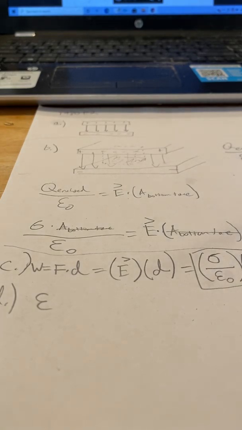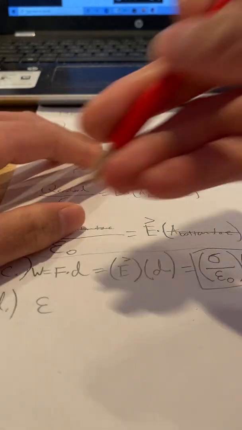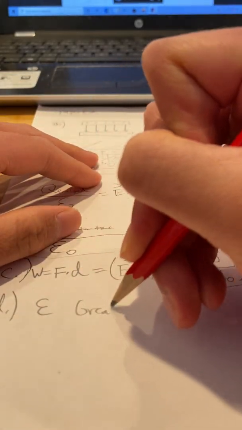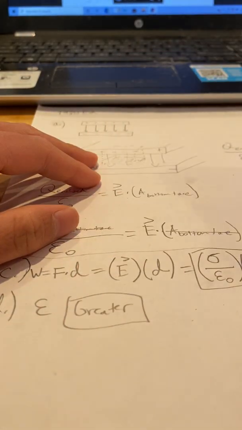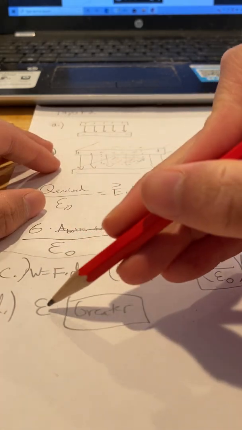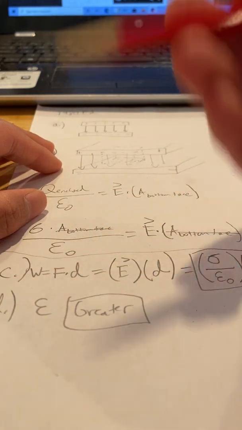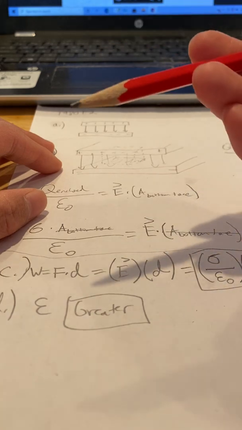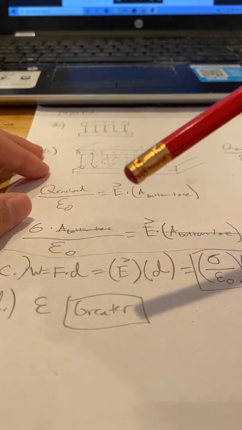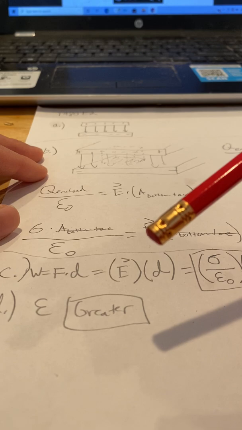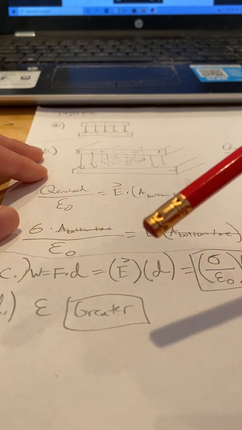Otherwise, that'd be a pretty useless dielectric. So the electric field would be greater. How much greater would depend on the permittivity of the material that the dielectric is made out of. Okay, less than or equal.